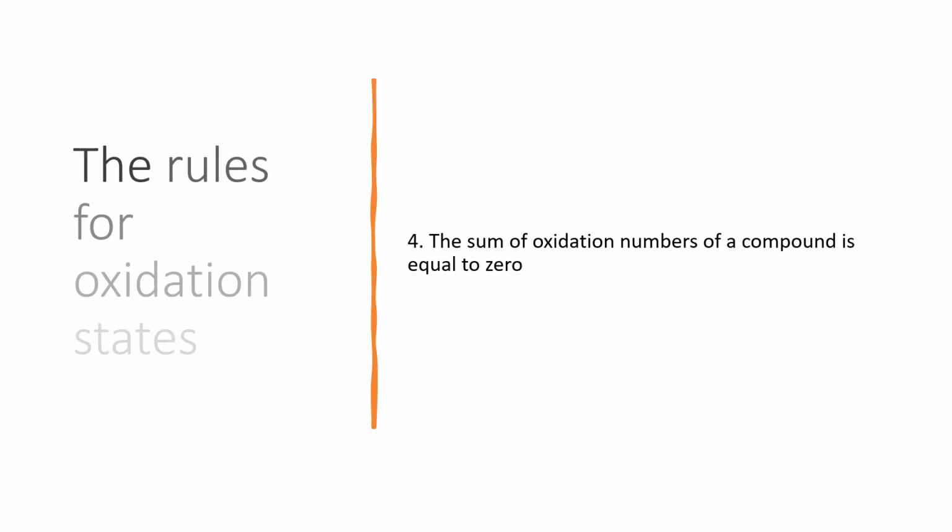Alright, next. Rule number 4. The sum of oxidation numbers of a compound is equal to 0. Now this is a compound. When we say compound, it is a combination of more than one atom; they combine and become a compound.